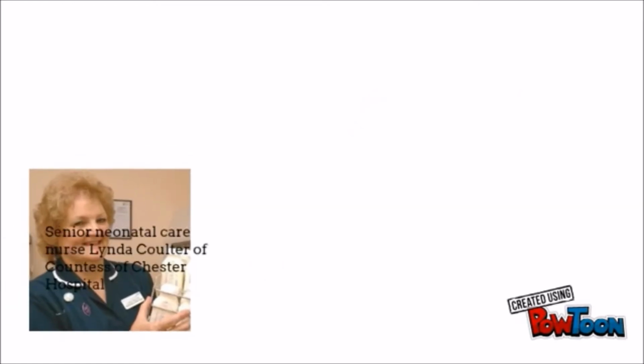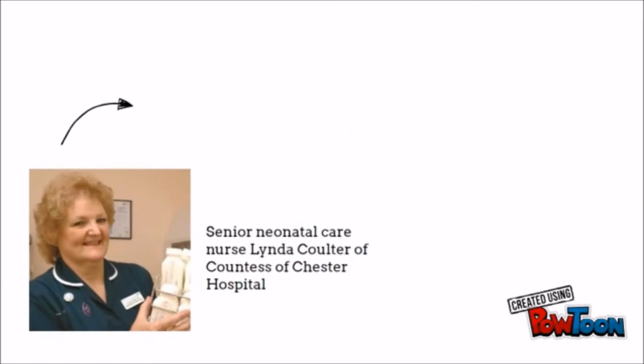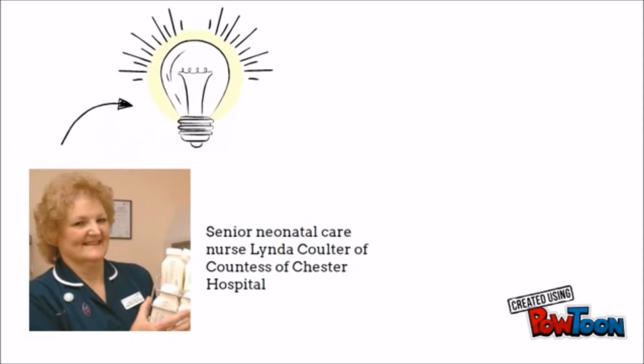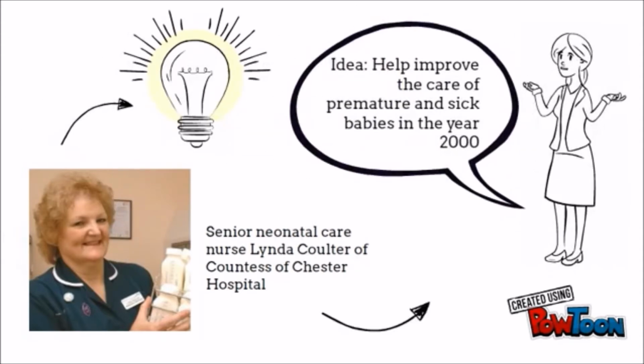Using the basis of person-centered care, senior neonatal nurse practitioner Linda Coulter in the neonatal unit at the Countess of Chester Hospital proposed the initiative in order to improve the care of premature and sick babies in 2000.